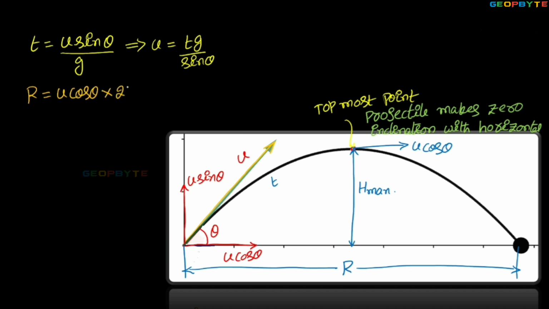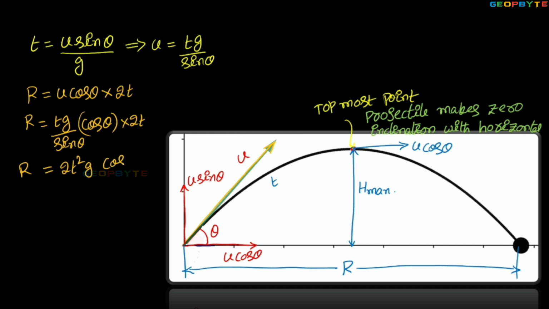Time of flight equals 2 times the time of ascent, because time of ascent equals time of descent. From this I can write R equals u, which is tg by sin theta, into cos theta into 2t. Range equals 2t square g into cos theta by sin theta.